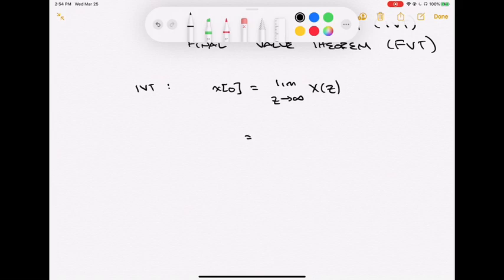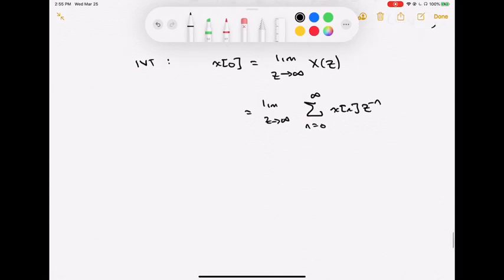We can see this easily by just doing some direct substitution. So this is a limit as z goes to infinity. What is x of z? Well, x of z is a summation. This initial value and final value only really makes sense when we're talking an initial value at 0, so this is unilateral. So n equaling 0 to infinity, x of n z to the minus n, just by definition.